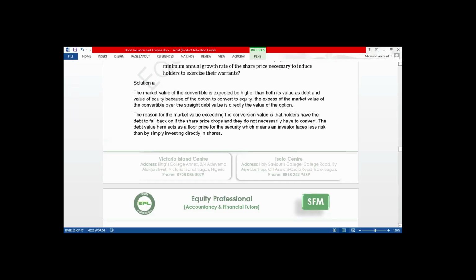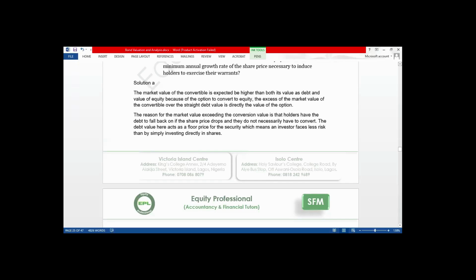The essence of the market value of the convertible over the straight debt value is the direct value of the option to convert. What we are saying is the market value of the convertible bond will be higher because of the opportunity given to the holder.